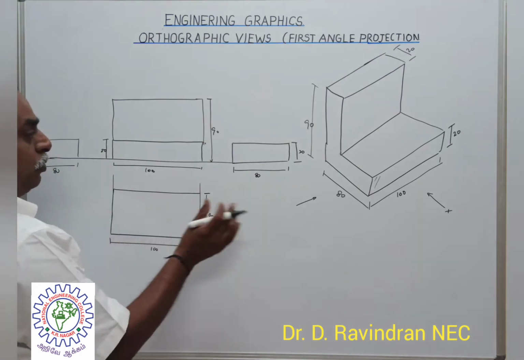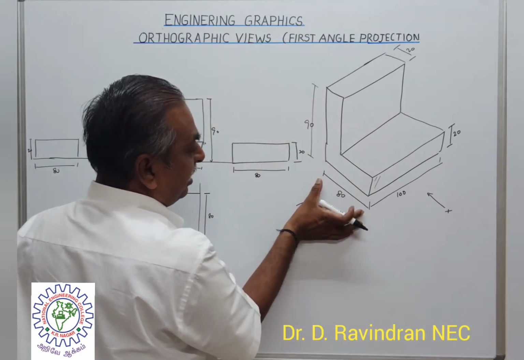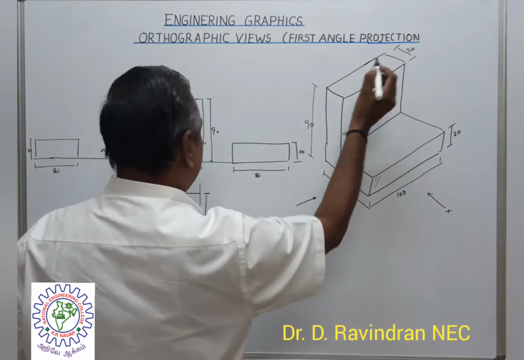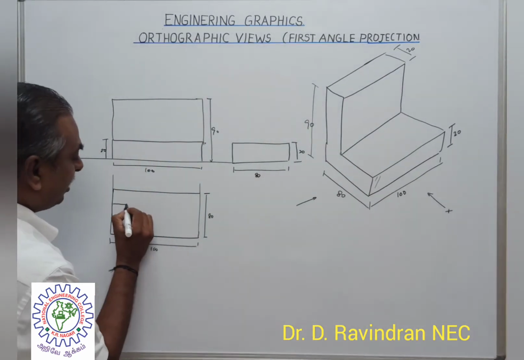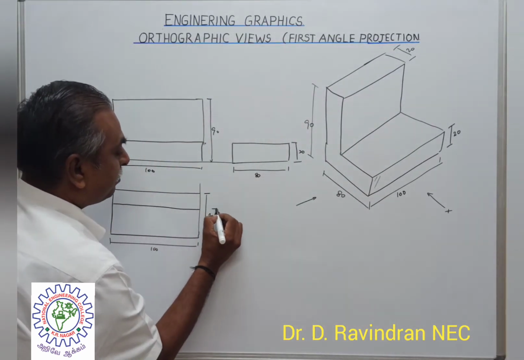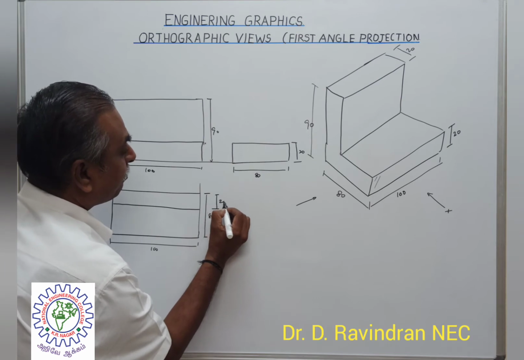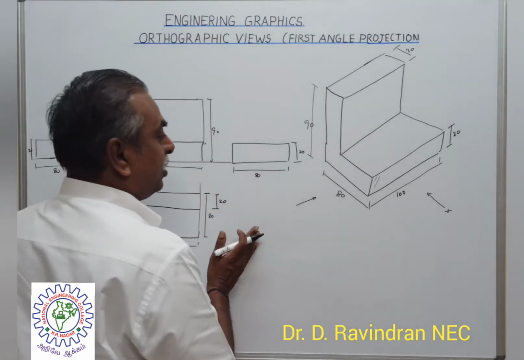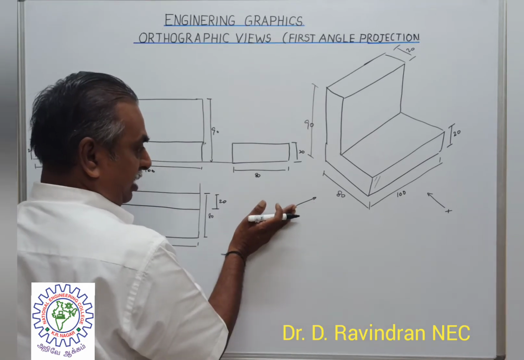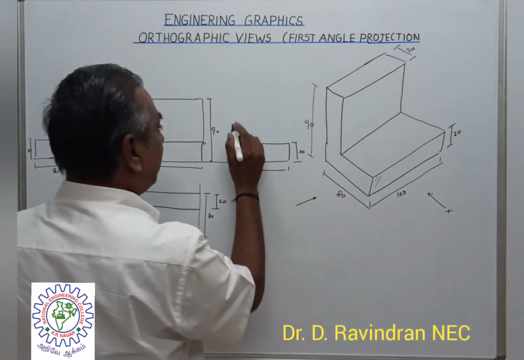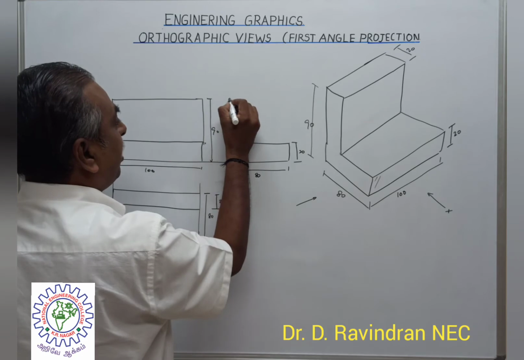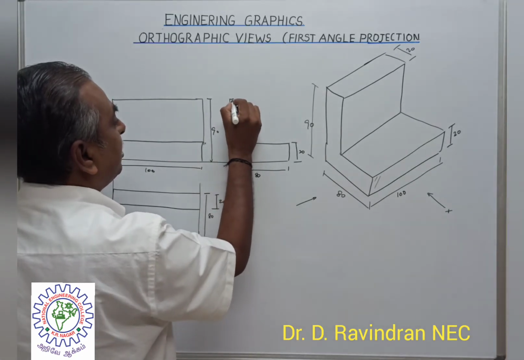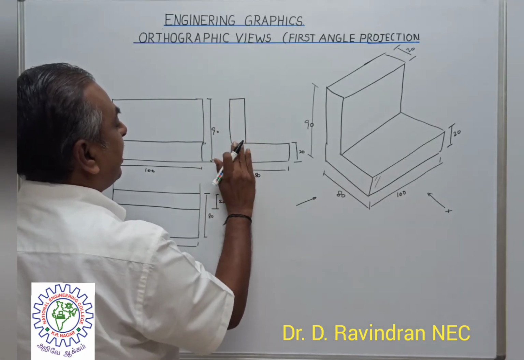In the top view, of course it's the same 80 mm only. In this thickness 20 mm, we are going to get a strip like this. In the side view, when you see from the left hand side, we are getting up to the same height, we are getting this object like this, but this line will not be there.